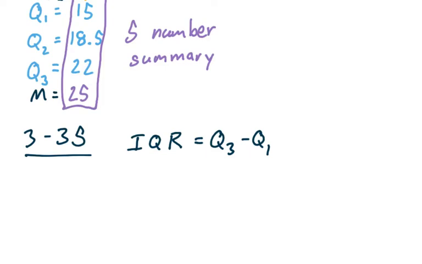In example 3-35, they say find the interquartile range of the data set in example 3-30. So simply plugging in what we found in the previous problem, 22 for Q3 minus 15 for Q1, and that would be 7.